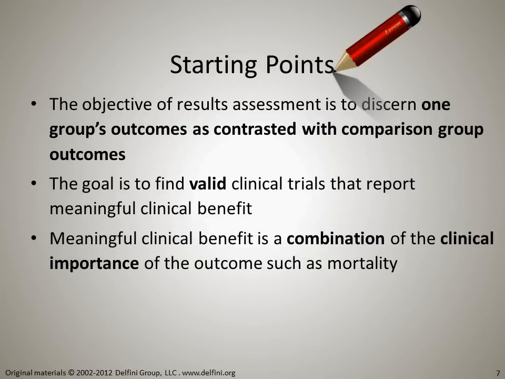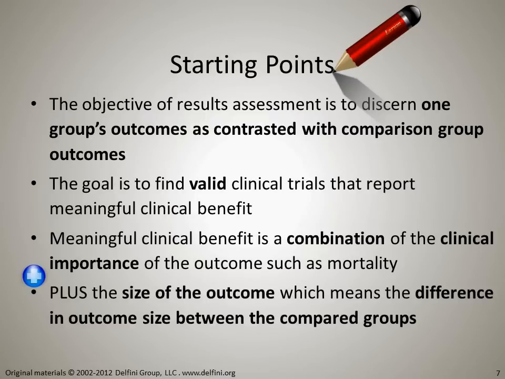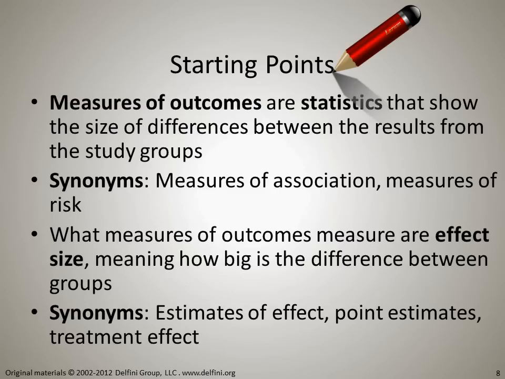Meaningful clinical benefit is a combination of the clinical importance of the outcome, such as mortality, plus size of the outcome, which means the difference in outcome size between the compared groups. Measures of outcomes are statistics that show the size of differences between the results from the study groups.